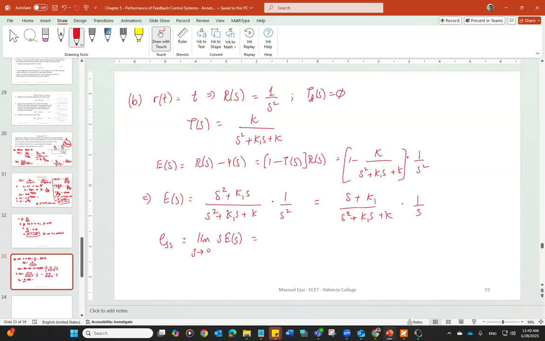I will be left with K1 over K, and that is my steady state error expression. Based upon the values of K1 and K, we can calculate the steady state error between the input and the output steady state values. So that's my next requirement.